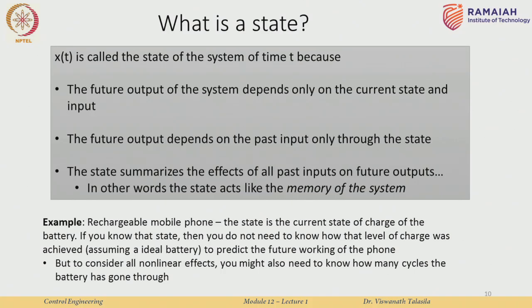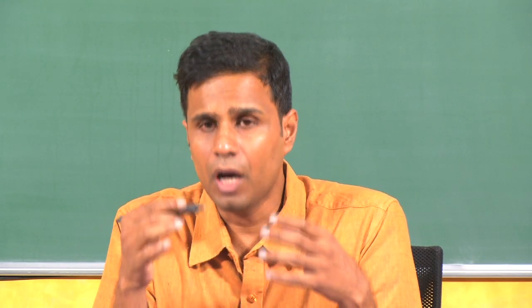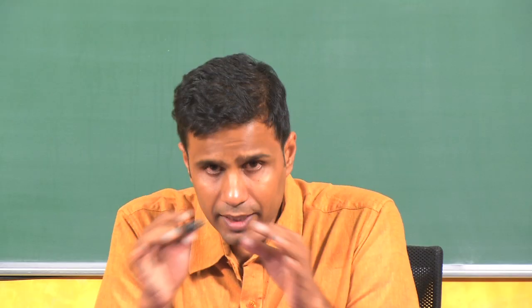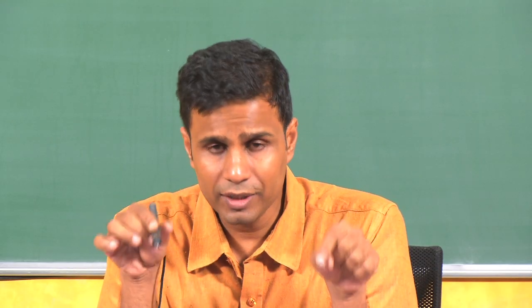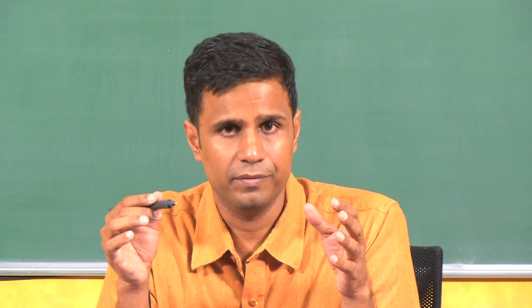The definition here is not a very polished definition, but it conveys a correct picture. A variable is called the state of a system because the future output of the system depends entirely on the current state value and whatever input we are going to give, all right.